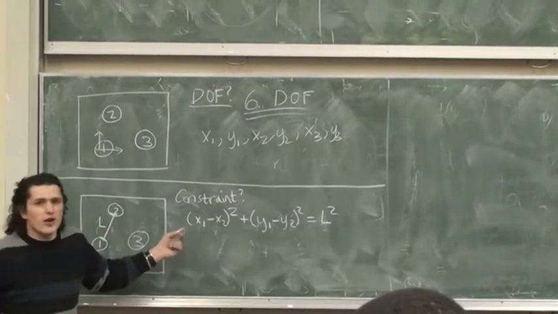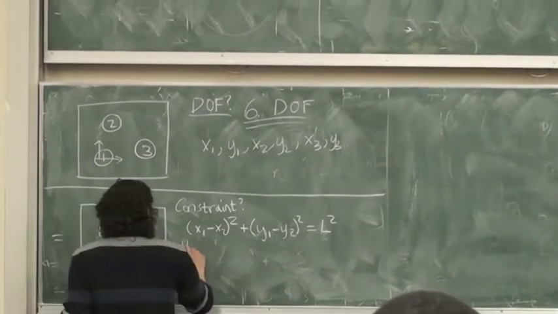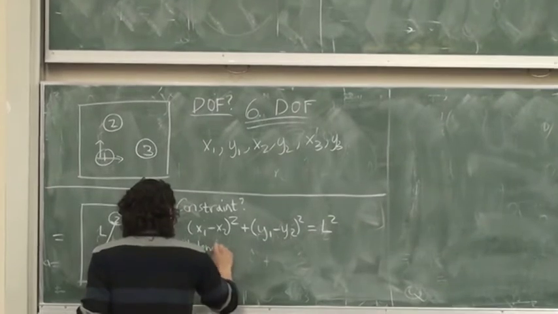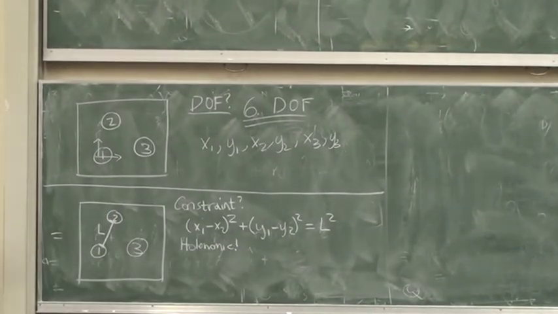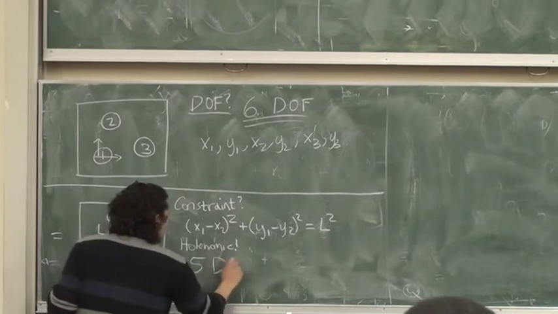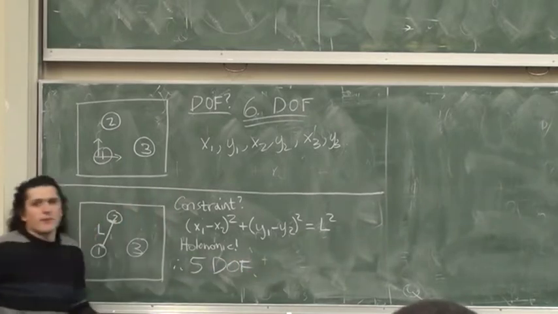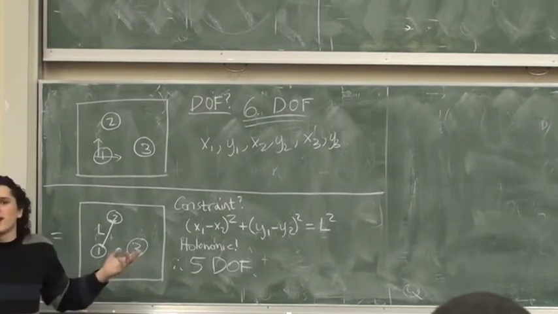Is this constraint holonomic? Yes. There's no velocities. That's holonomic. So we're happy. That means it reduces the degrees of freedom. We now know that there are therefore 5 degrees of freedom left. But we still have the problem of having to choose generalized coordinates for our system. That means we have to find 5 parameters that fully specify the system.